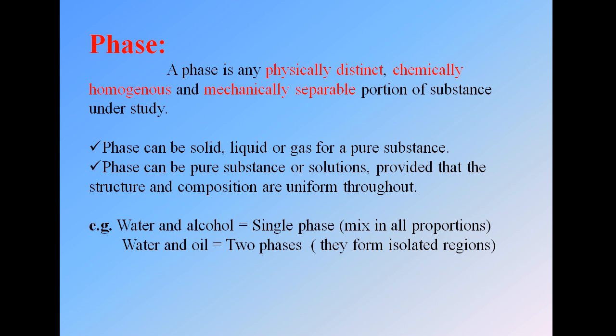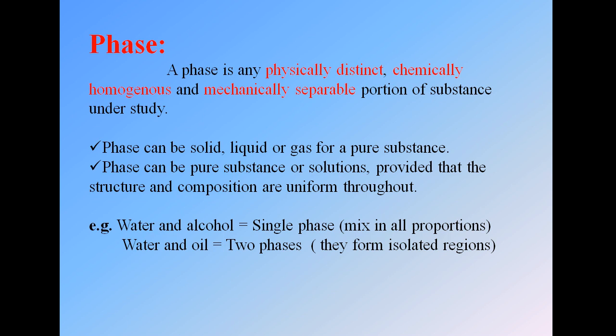Next we have some examples. If we mix water and alcohol, they form a single phase, because water and alcohol mix in all proportions and form a homogeneous solution. So they form a single liquid phase. But if we mix water and oil, both are liquids, but they don't form a homogeneous solution, they form a heterogeneous mixture. At the top we have oil, at the bottom we have water due to density gradients.